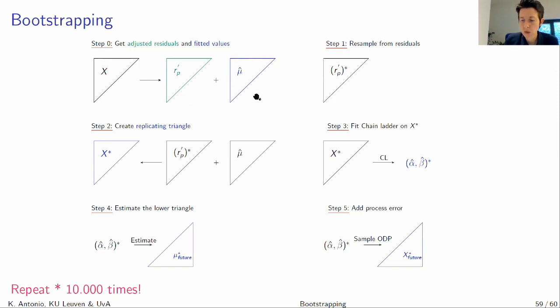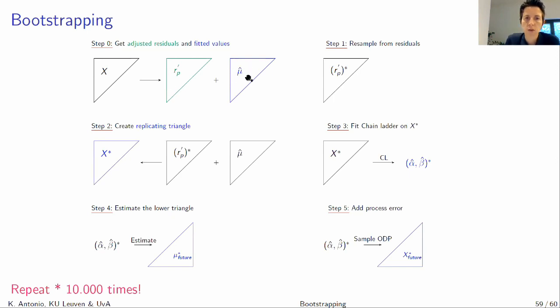These are the mu hats. We can easily find them by evaluating the exponential of alpha hat plus beta hat, taking the appropriate alpha and beta for each cell in your upper triangle. Note we only focus here on the upper triangle, because residuals can only be constructed for observed values.